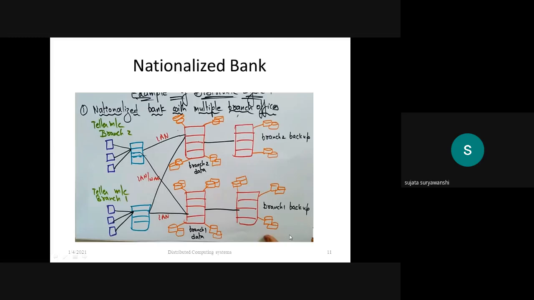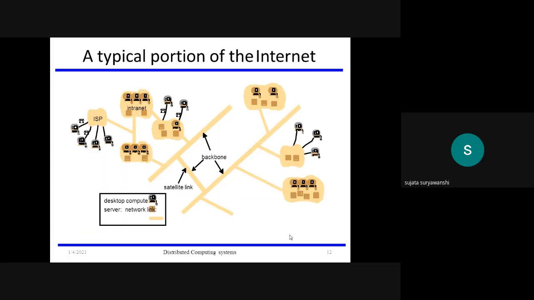After that, the next and very popular example is the internet. As we know, the internet is a collection of different intranets. Here this is the internet, which is a collection of intranets, and ISPs, that is internet service providers, are there. They provide the service for the network.